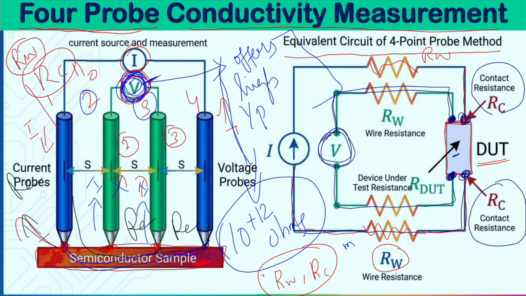The important factor is that the voltage probe connected to the voltmeter offers high input impedance to the current. Therefore the voltage drop due to the current flow in this probe is negligible, and whatever voltage drop you measure is only due to the voltage drop in the sample. So this is how the 4 probe measurement works.